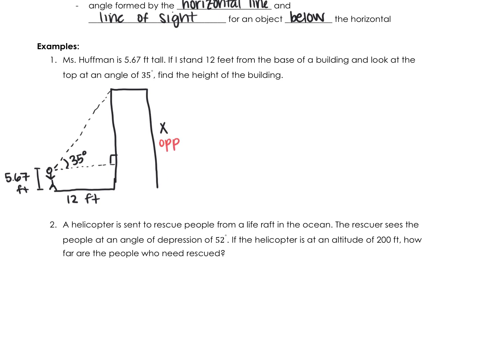The distance I'm standing away from the building is my adjacent. So opposite and adjacent is tangent. So we have tangent of 35 equals our opposite side X over our adjacent 12. So we're going to be multiplying both sides by 12.